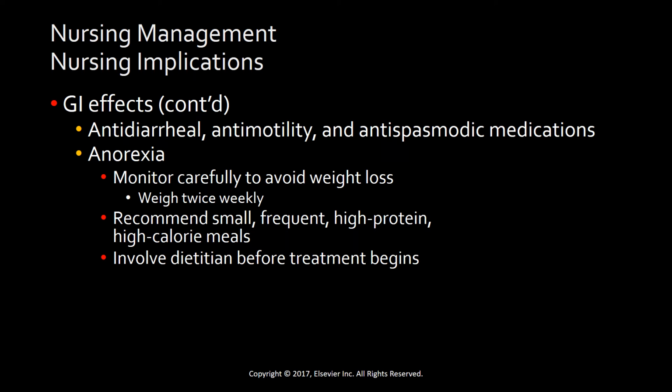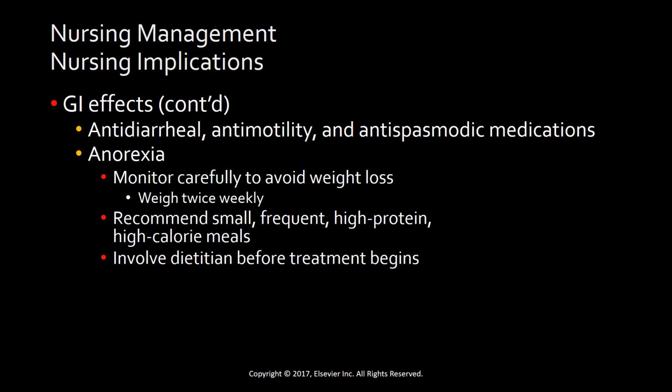And so the next GI issue we are going to discuss here is anorexia. Anorexia in our chemo or radiation therapy patients is the loss of appetite, which is a common occurrence in patients with cancer. Okay, so anorexia is a side effect of the cancer as well as of cancer treatment.